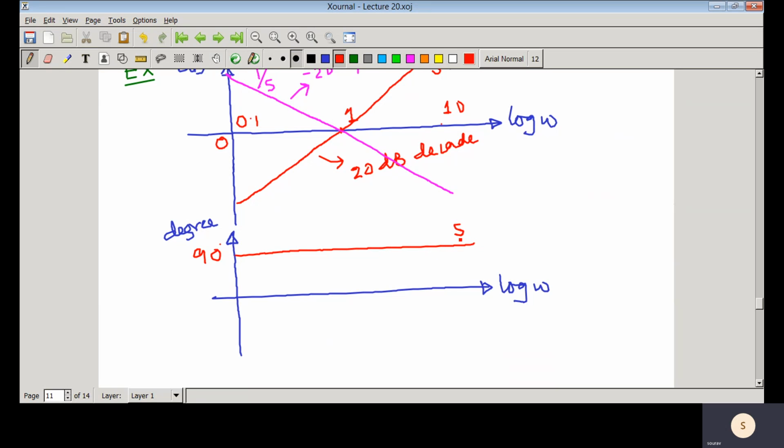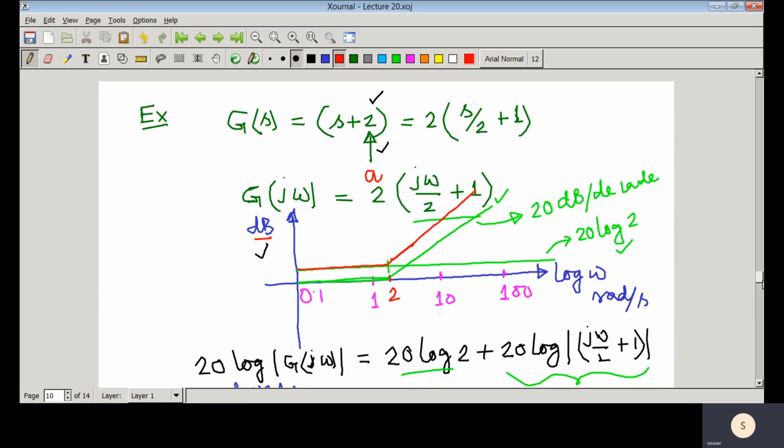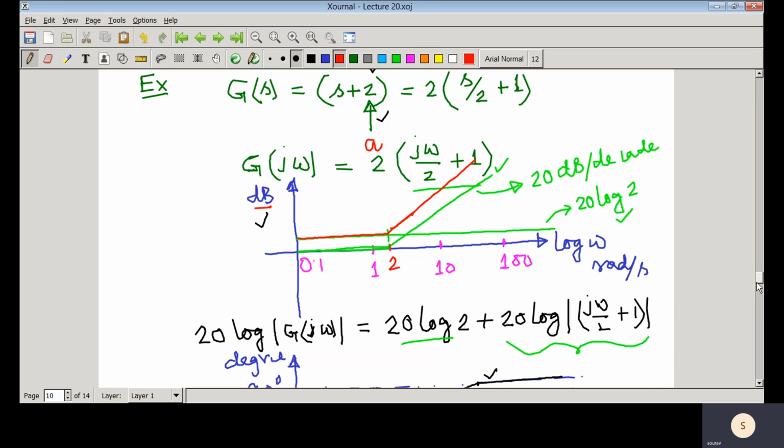So this is that plot for S, and for 1 by S, that is that plot for 1 by S, and here the angle is minus 90 degree. So these are the plots of that individual factors we have shown. These all are the asymptotic Bode plots.